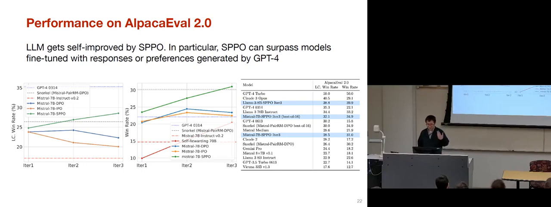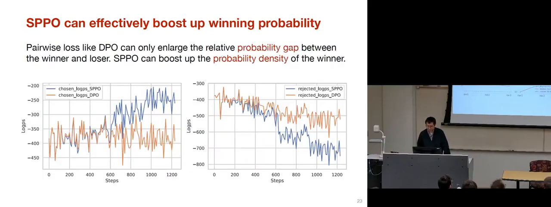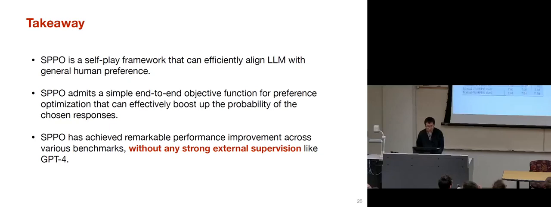You can see that after 3 iterations of SPPO, we are able to improve the base model, which is a Llama 3 8 billion model, from the original win rate of 22.9% to 38.8%. So that is more than a 15% increase in the win rate, which is considered a very significant improvement.